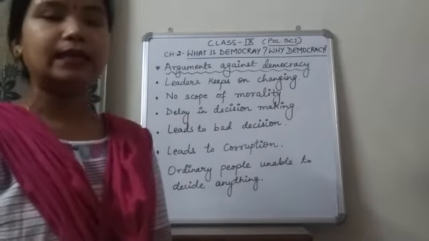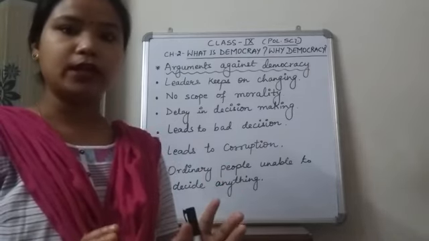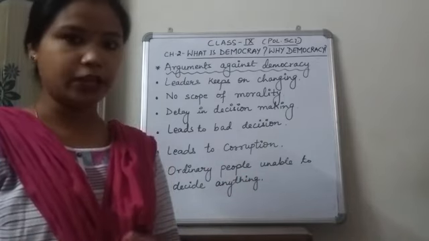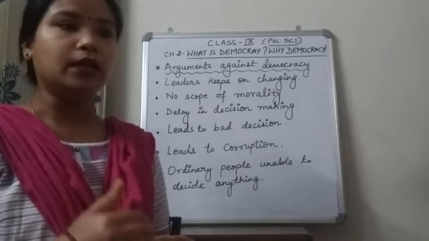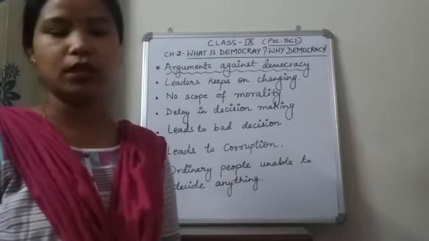We all know that in a democracy there are different political parties. These political parties have to compete with each other during the time of the election. At the time of the election, these political parties use their power, and sometimes they also misuse their power.